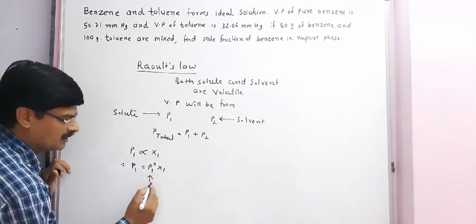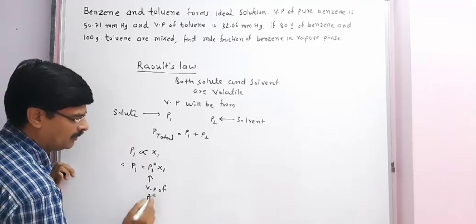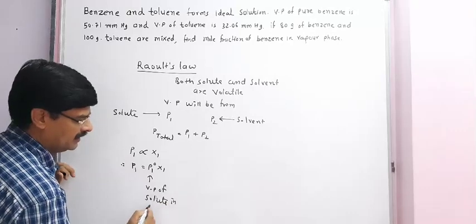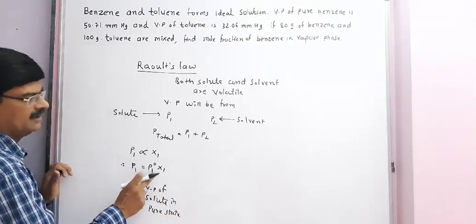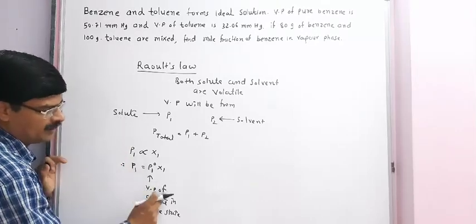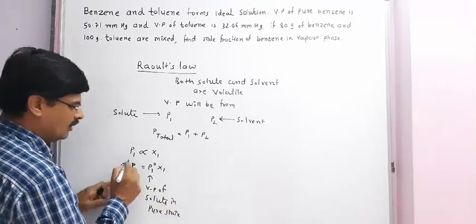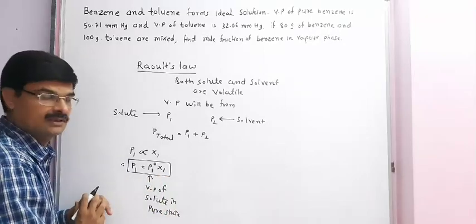Here P1 naught is the vapor pressure of solute in its pure state, because we have taken P1 for solute. So we have got P1 is equal to P1 naught X1.